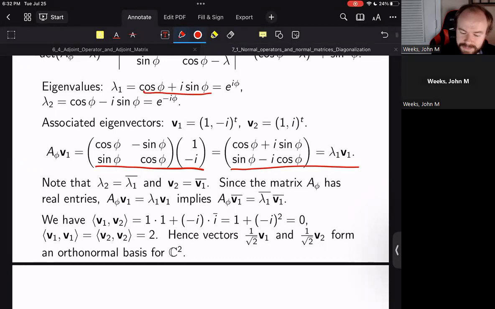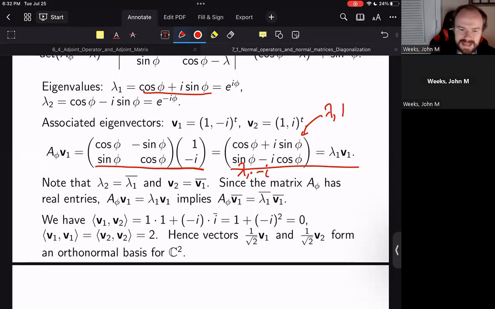For example, cosine phi plus i sine phi is lambda 1 times 1 up here on the top. And then sine phi minus i times cosine phi: our first term had a 1 in front of it beforehand, and now it's been multiplied by minus i, so we might expect this to be minus i times lambda 1, and indeed, that's exactly what it is. So we have the vector (1, minus i) being a good eigenvector here in terms of this formula.